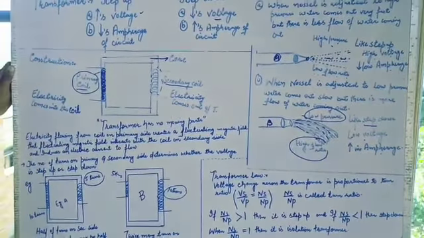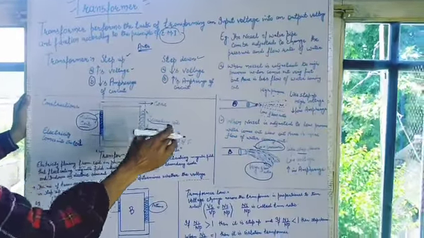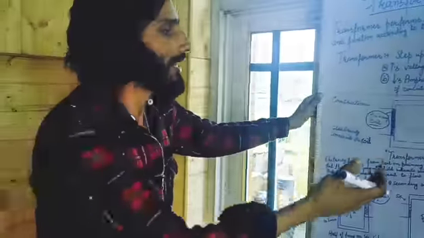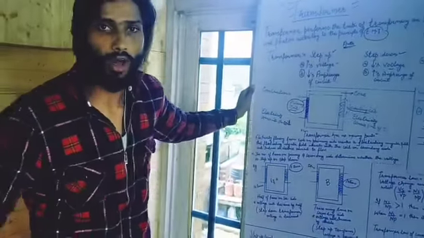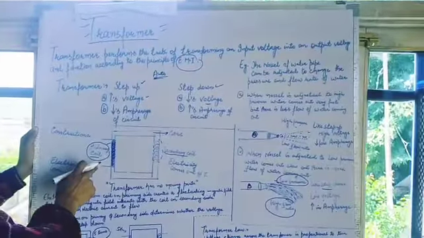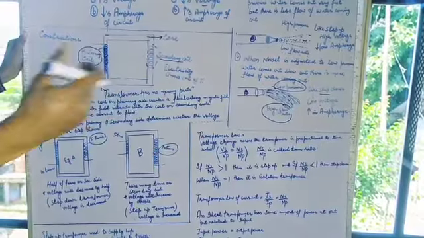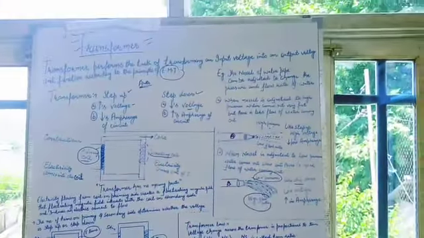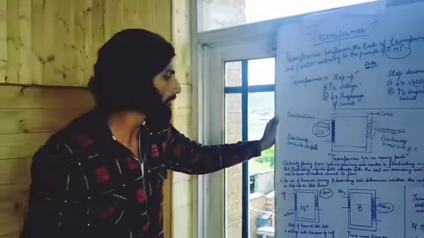We can say this is the input of the transformer. The secondary coil is that type of coil in which the electricity comes out, or simply, the output. So primary is the input and secondary is the output of the transformer. In addition, a transformer has no moving parts.